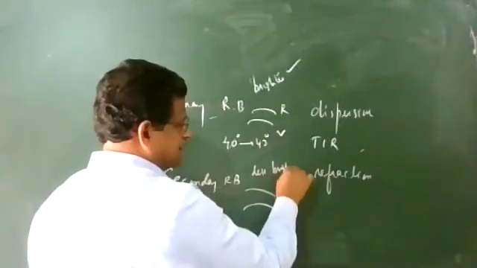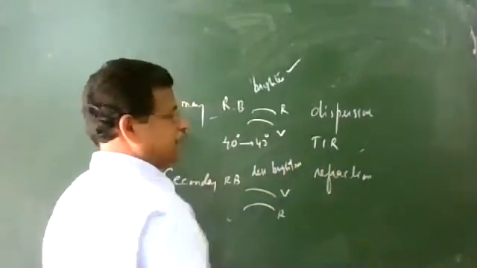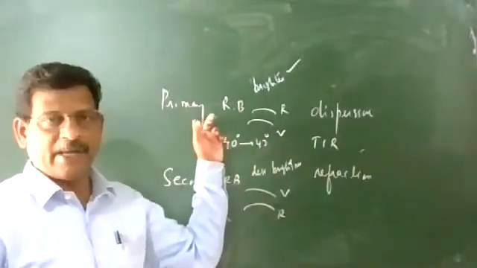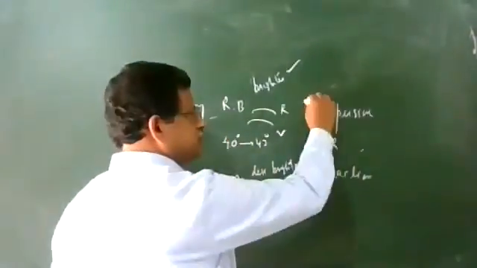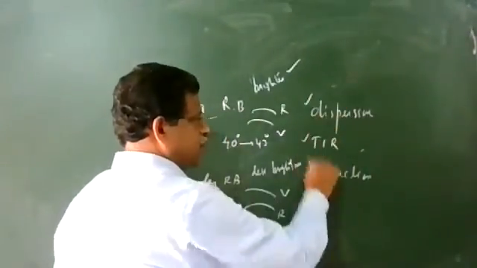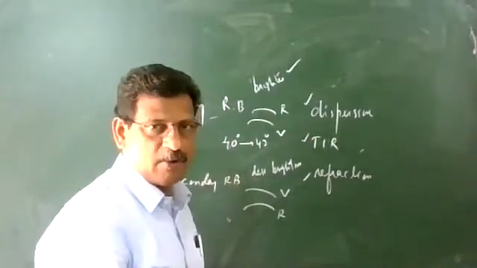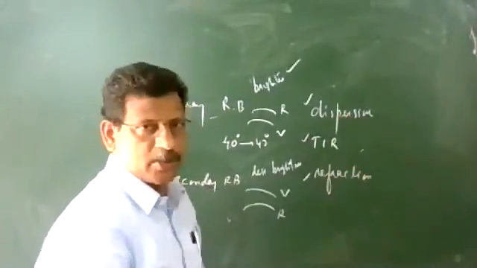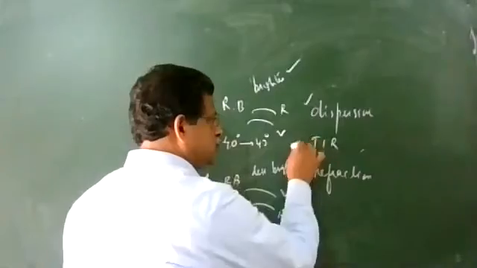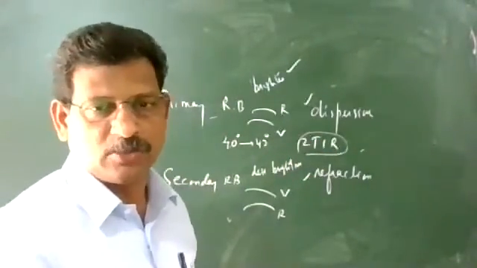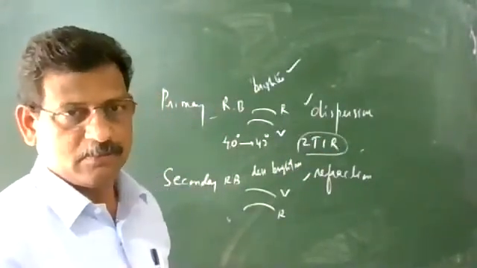The primary rainbow is formed by one dispersion, one TIR, and one refraction. The secondary rainbow is formed by one dispersion, two total internal reflections, and refraction.